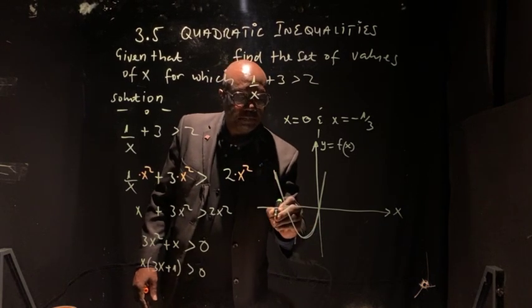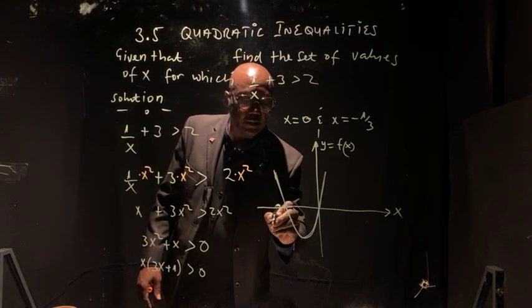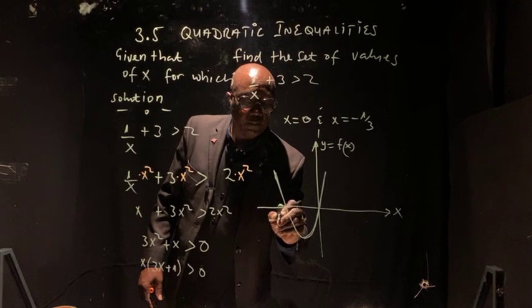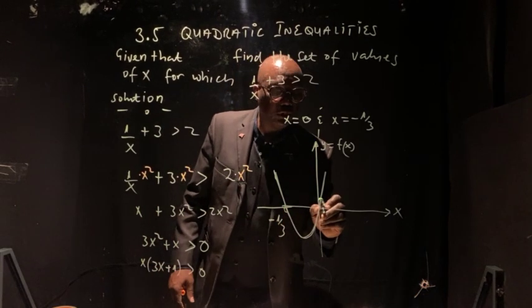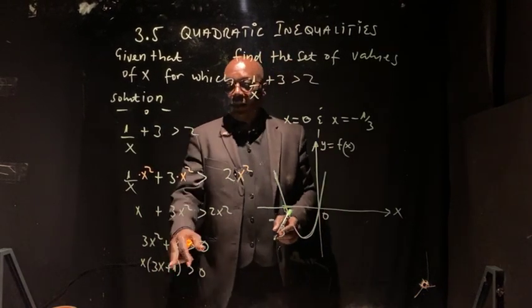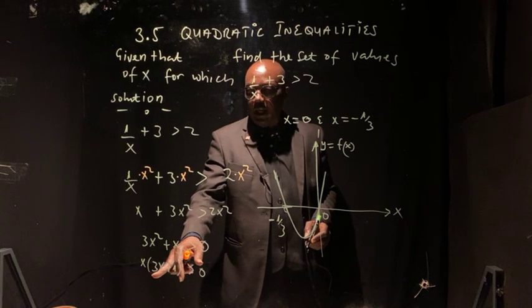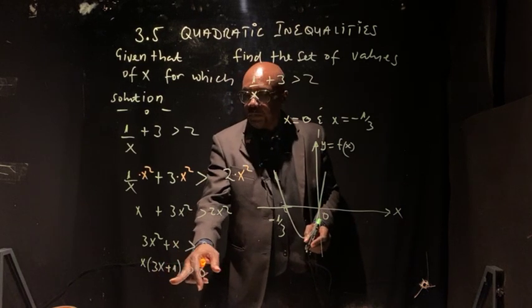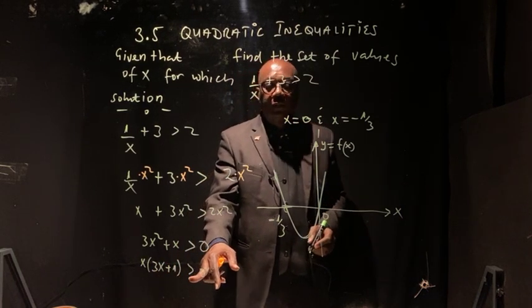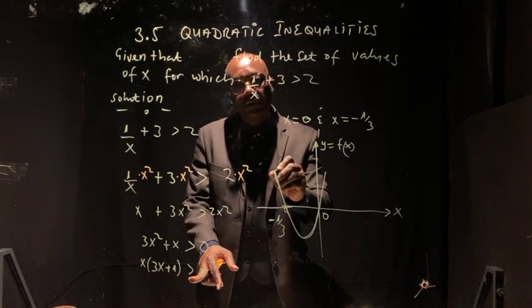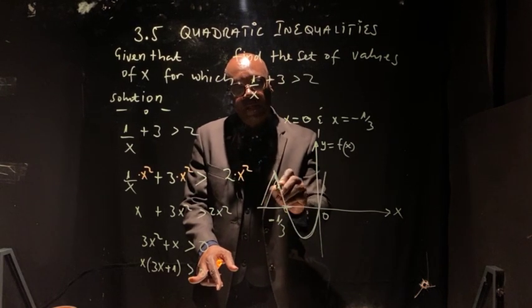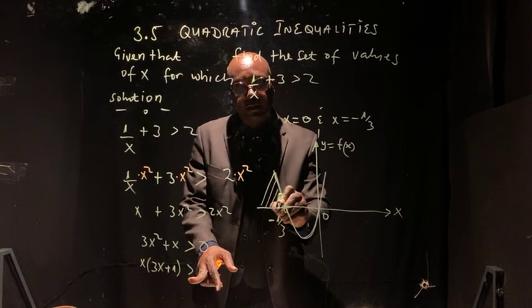This will be the minus 1/3. This will be 0. Because f of x, which is this one, greater than 0, it will be this upper portion of x values we are going to consider.